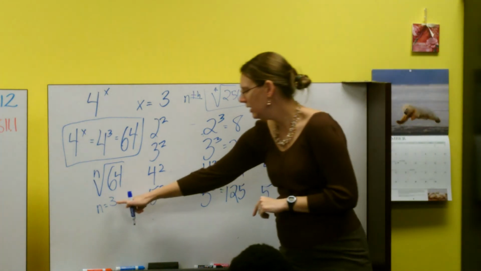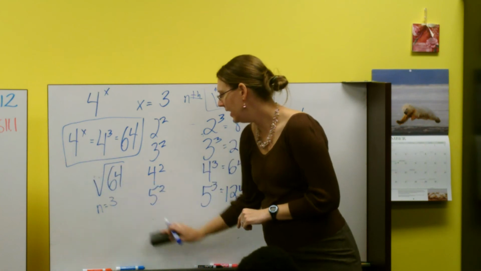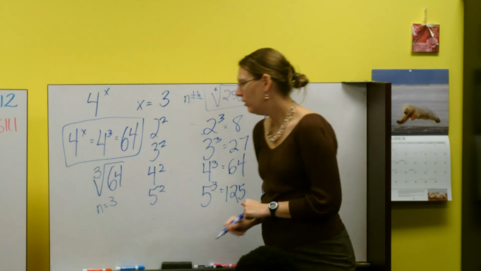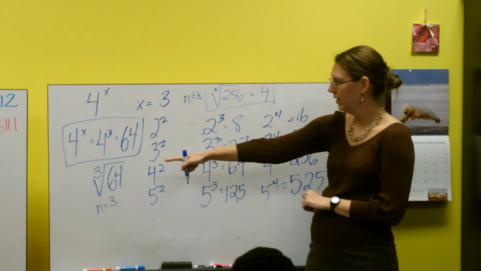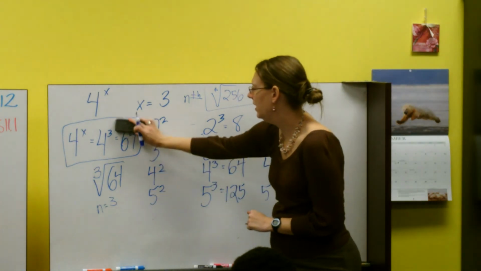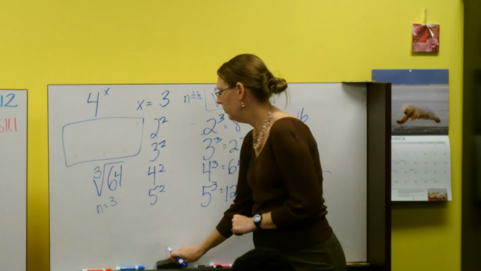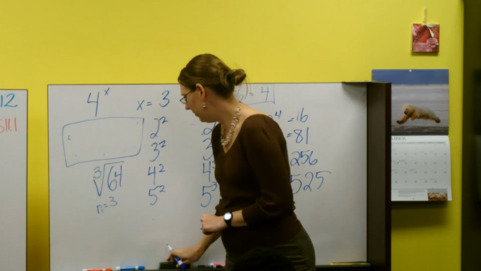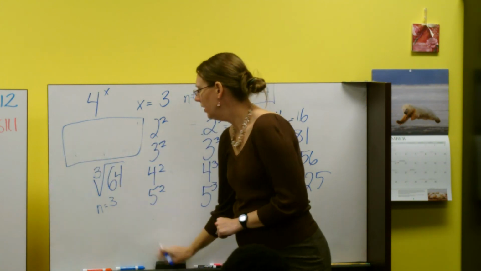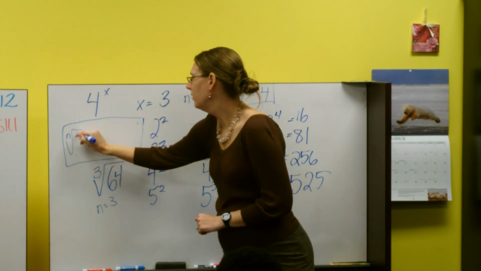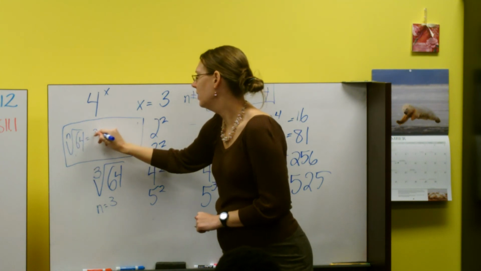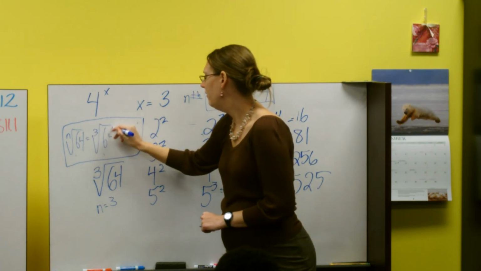Exactly. We're going to take this 3 and replace that n with the 3. The nth root of 64 equals the third root of 64.